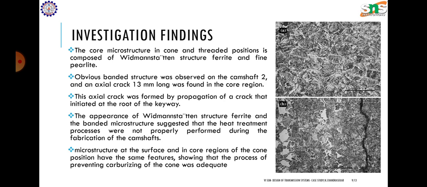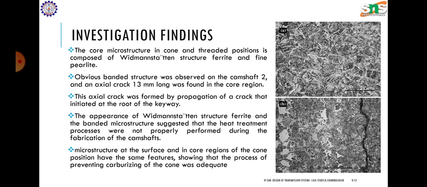It should be mentioned that the microstructure at the surface and the inner core region of the cone position has the same features, showing that the process of preventing carburizing of the cone was adequate.